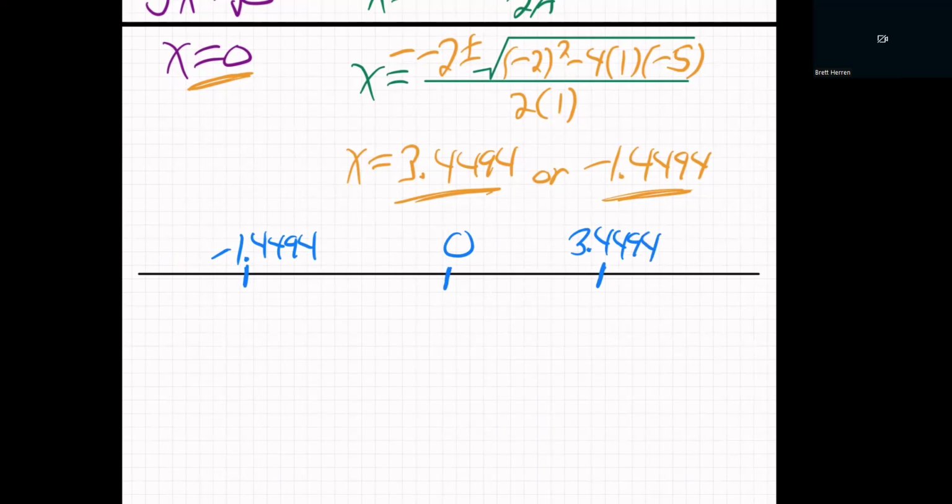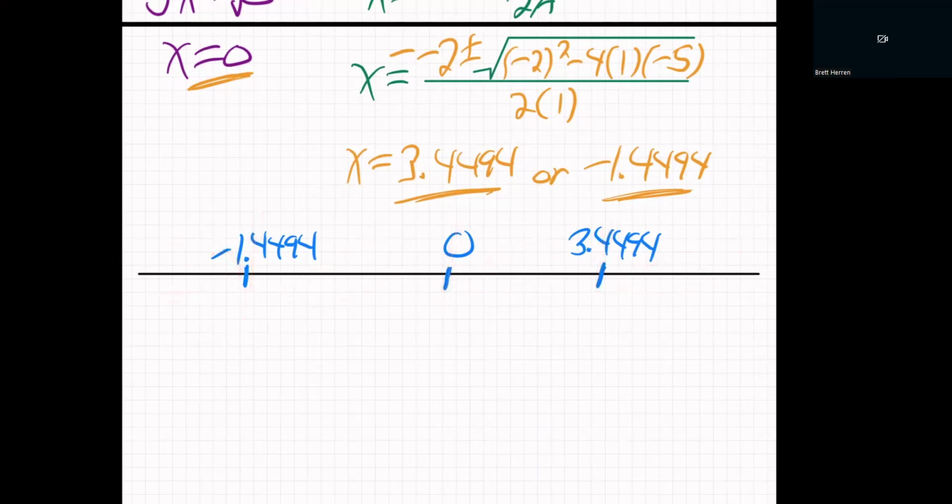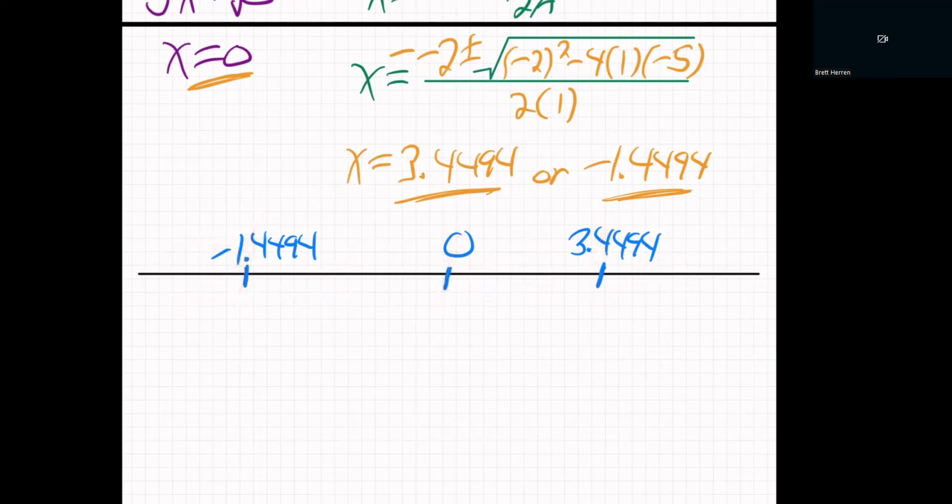So I'm breaking the number line up into 4 sections. Three numbers make 1, 2, 3, 4 sections. There's always one more section than there are spots. You break a stick at one spot, it's 2 pieces. Break it in 3 places, there are 4 pieces. So we have 4 sections.